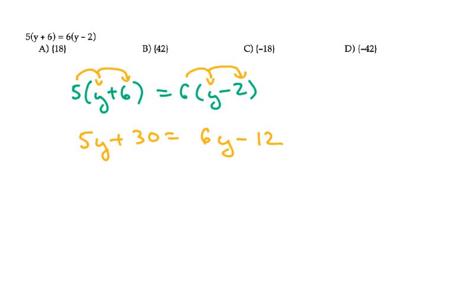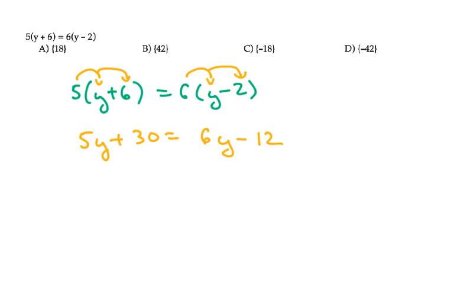And once more, we're going to try to combine like terms on the left and the right side. What happens here is on the left side and on the right side, these numbers are not alike. So in other words, 5y and 30 are not like terms, and 6y minus 12 are not like terms.